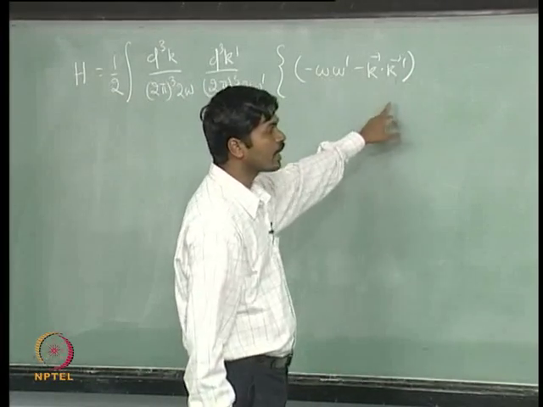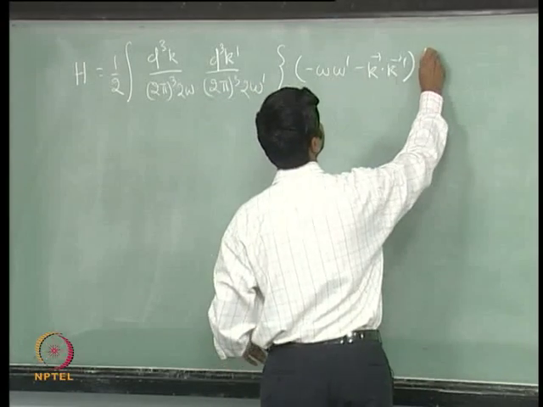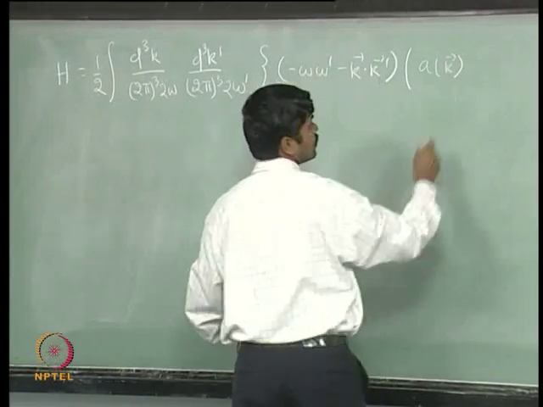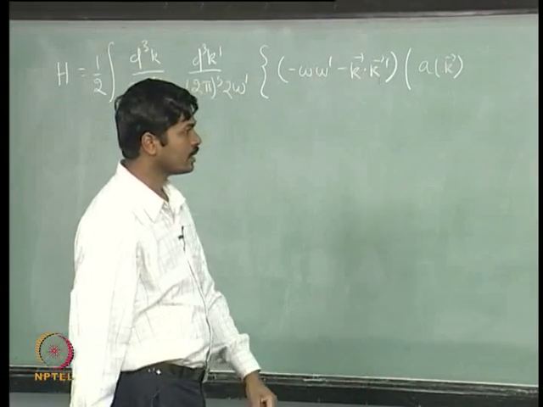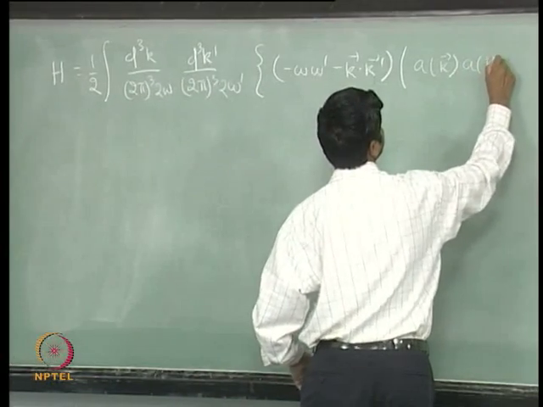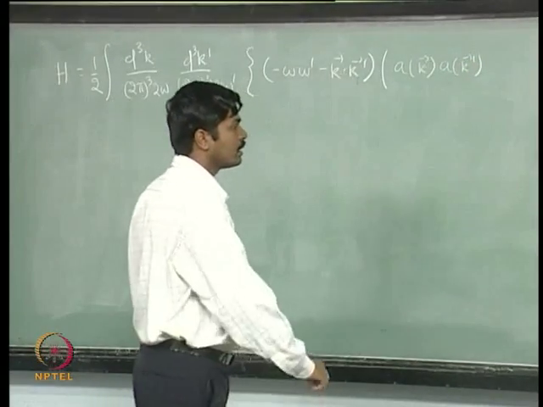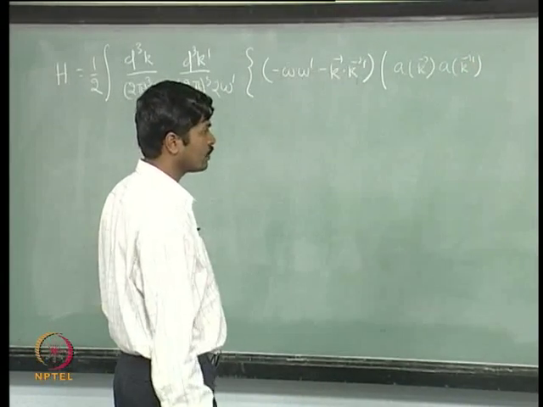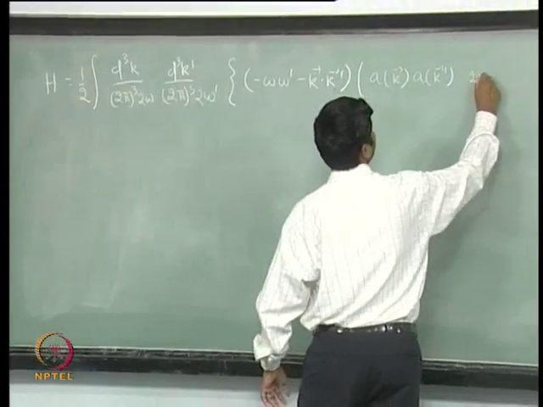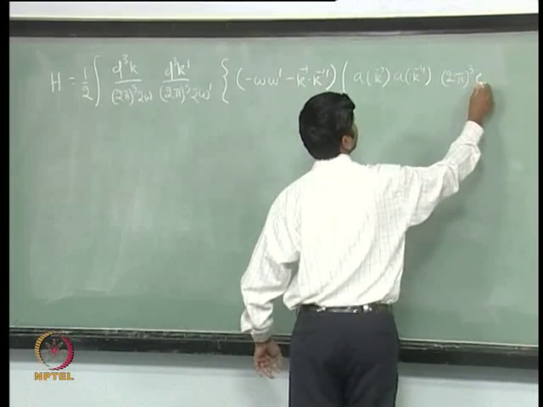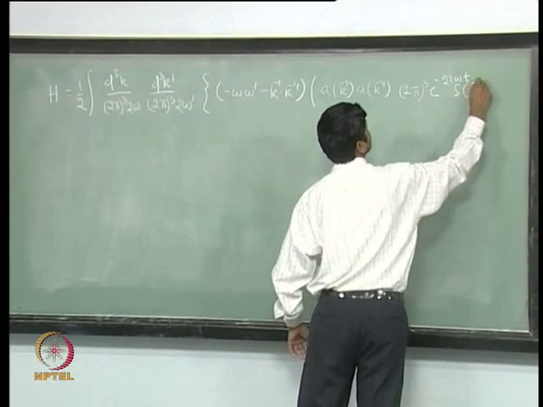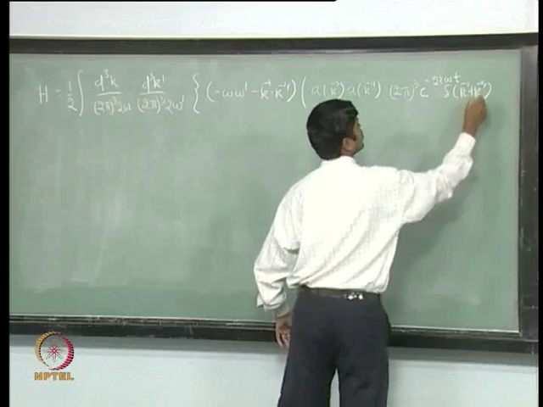Now, this is multiplied by a k a dagger a k times a k prime, and the integration will give me 2 pi cube e to the power minus 2 i omega t delta of k plus k prime.